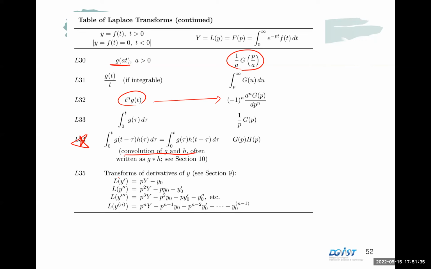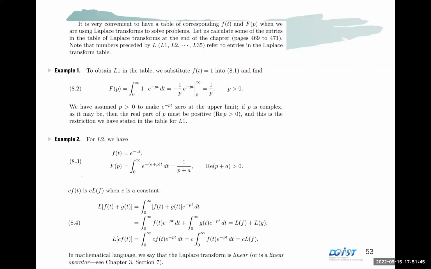Also the transform of a derivative is very important. So please pay attention to these two cases. Sometimes I use these numbers, but sometimes we can derive them directly. Okay, so let's try to prove some of them.